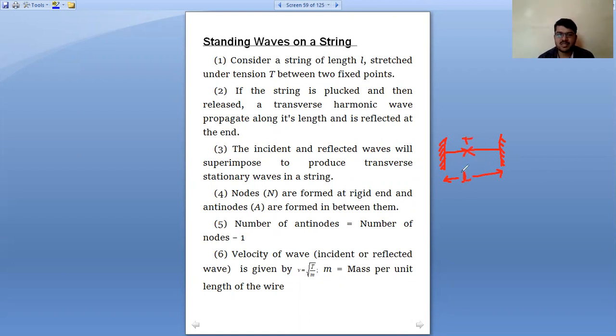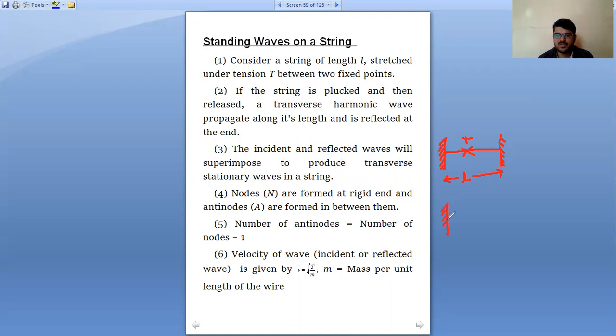If the string is plucked, meaning when we pull it downward, like how we play a guitar, in that we are plucking. So if the string is plucked and then released, transverse harmonic waves will propagate and be reflected at the end. So how will it be? Let's see here.